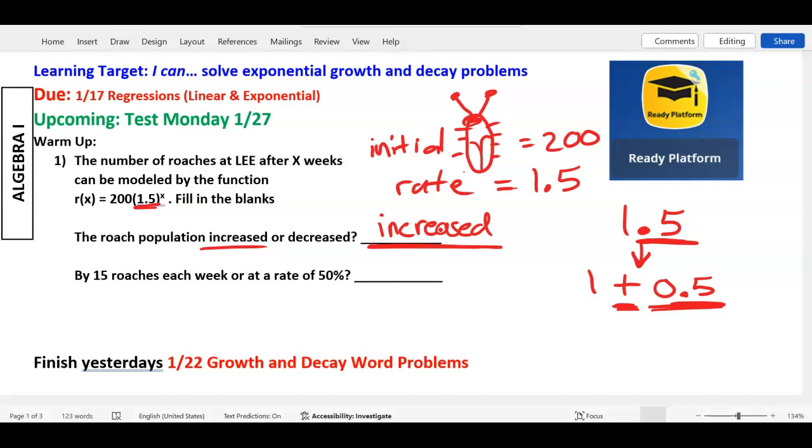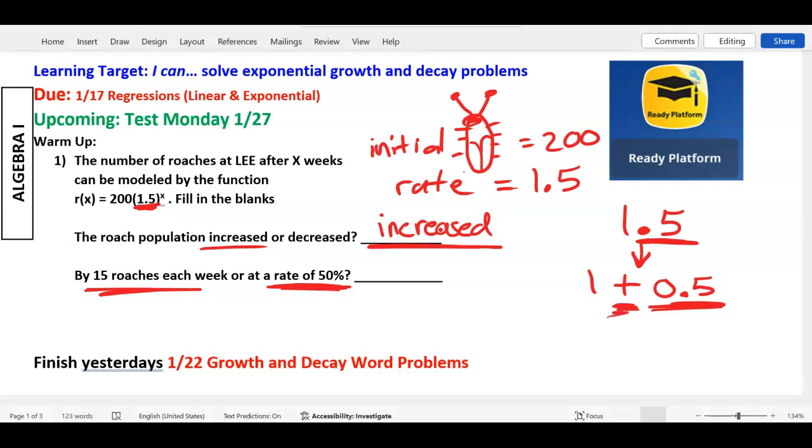And then it says, is it 15 roaches each week, or is it at a rate of 50%? Now, why would I think it's 15? Well, in the parentheses, I see 1.5. Kind of looks like a 15, but it's not a 15, right? 1.5 and 15 are different.